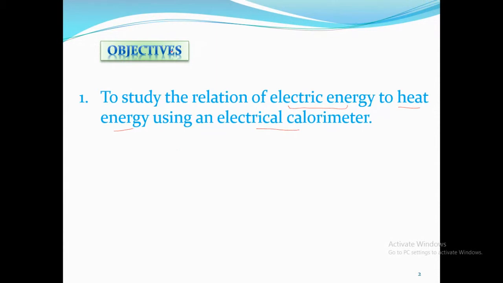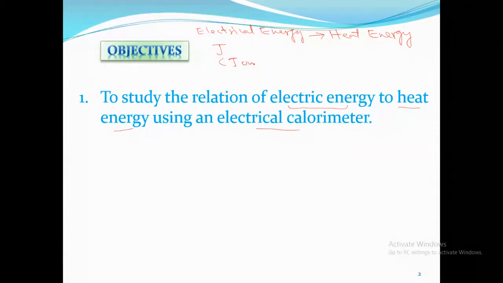And when we say that electrical energy is converted into heat energy, keep in mind that the unit for mechanical energy or the electrical energy is joule.